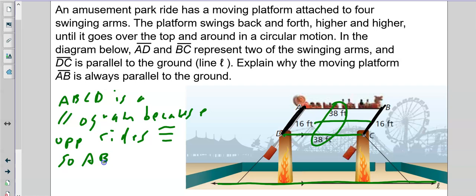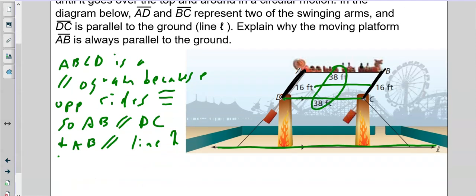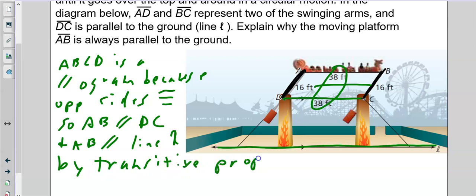So AB is parallel to DC. And AB is parallel to line L by the transitive property. So if AB is parallel to DC and DC is parallel to this, that means those two are also parallel.